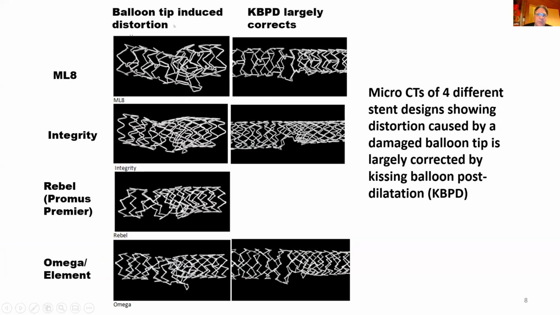And we also found that this distortion of stents caused by balloon tip distortion could be corrected by kissing balloon post-dilatation. The damaged tip may not be readily visible visually, so that's why we examined the balloon tips with a microscope.